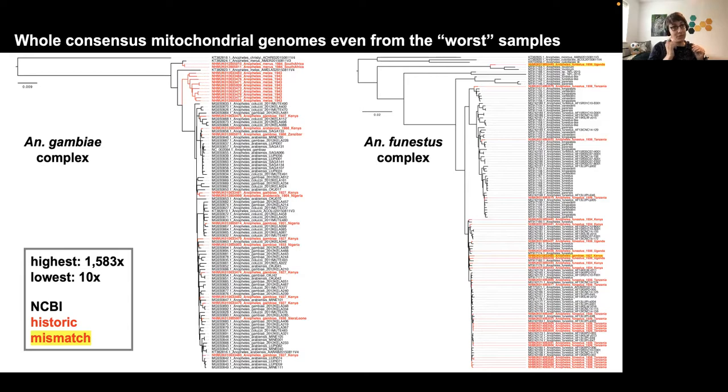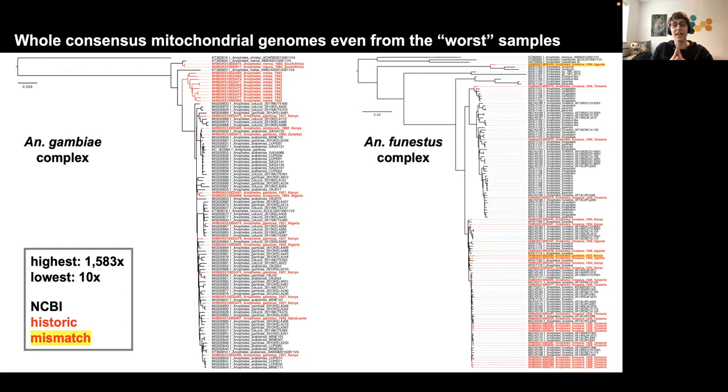Unfortunately, mosquitoes like to hybridize, especially these complexes. And so we are unable for some of them to tell exactly what species they are, but at least we can say, well, it's the correct group. It's the group that is important to us because that's where the major malaria vectors sit.